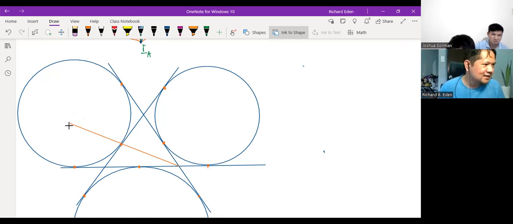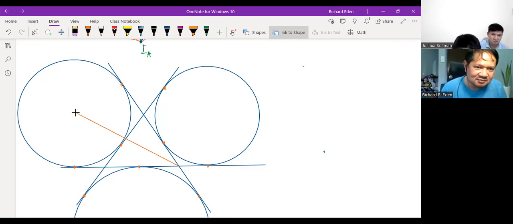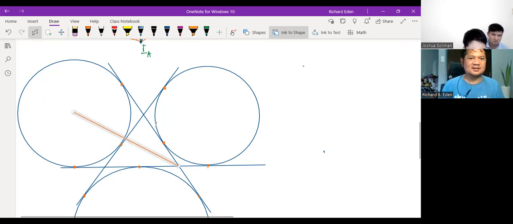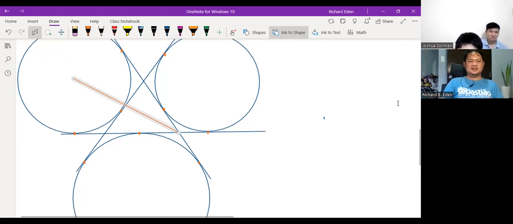Wait, the point of tangency is not necessarily concurrent with the center. Okay, so maybe the center is here, a little lower. Doesn't it look like it can be a radius in a center? Close enough.